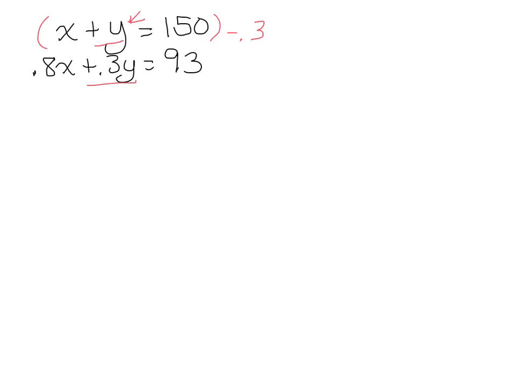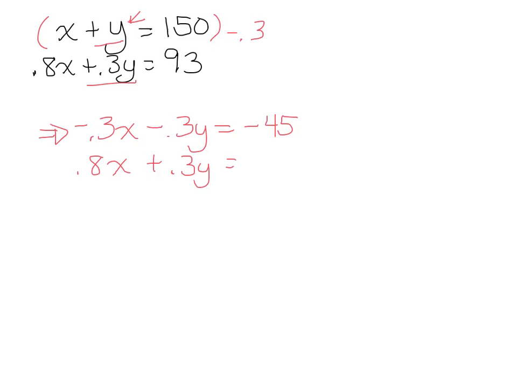So let's multiply. We have negative 0.3x minus 0.3y equals 150 times 0.3. Negative 0.3 is negative 45. Now I'm going to add these two rows together.